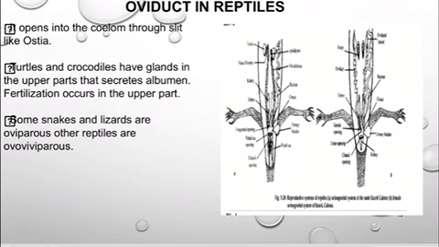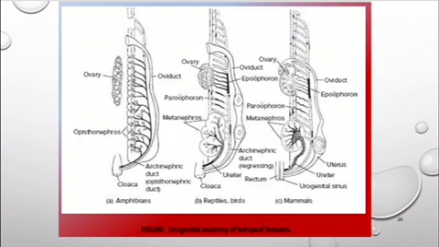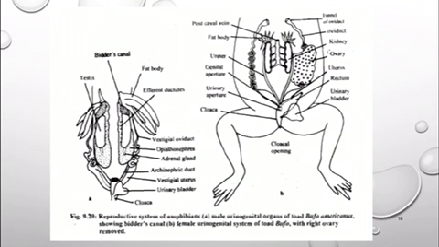So we're just talking about the oviduct in reptiles. So the oviduct in reptiles is illustrated right here. Now the oviduct in amphibians, how is it like? The oviduct in amphibians is quite simple.